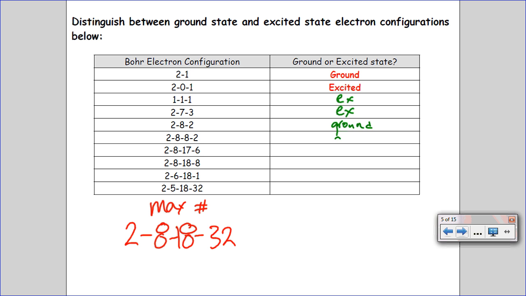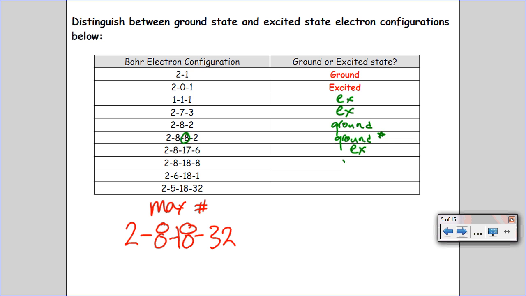2-8-8-2 is ground as well, but I want to point out that that level right here could hold 18, so it's a little gray area. 2-8-17-6 is excited because that would have been 2-8-18-5. Here's 2-8-18-8.